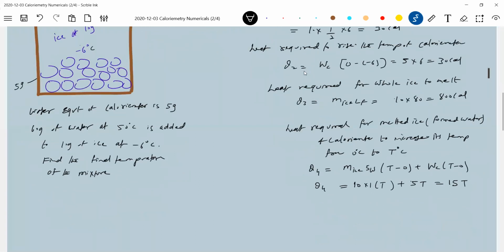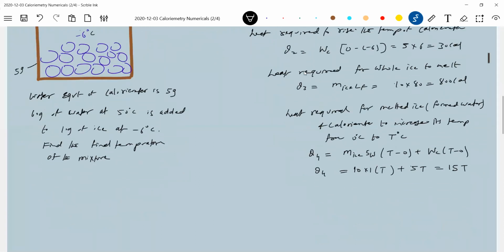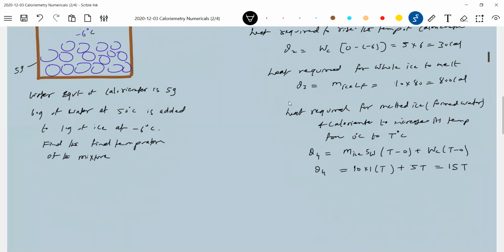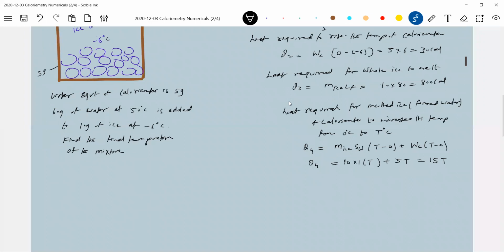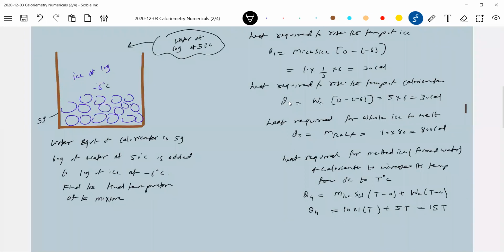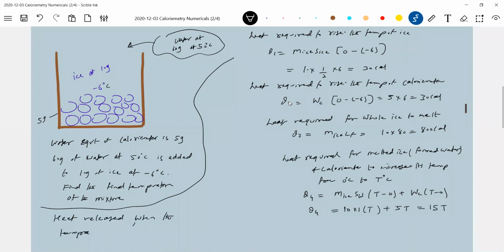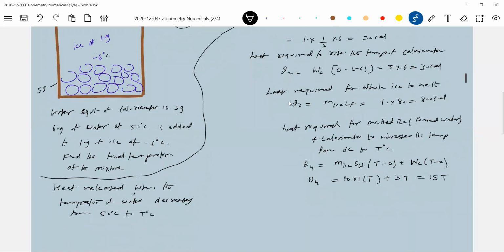So heat released when the temperature of water decreases from 50 degrees Celsius to T degrees Celsius, I will call Q naught.